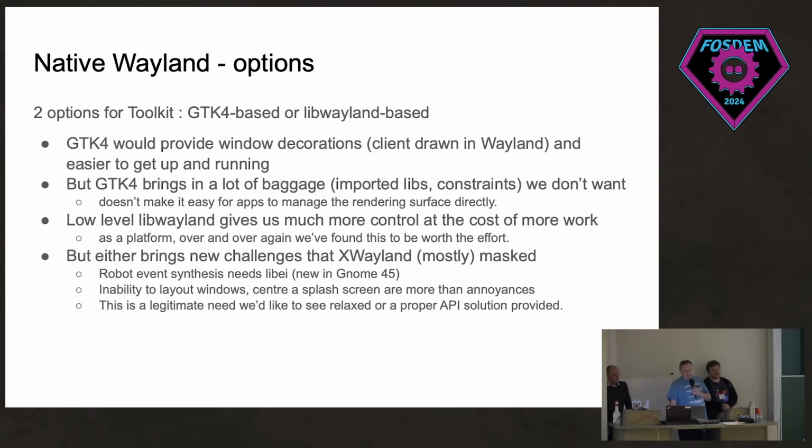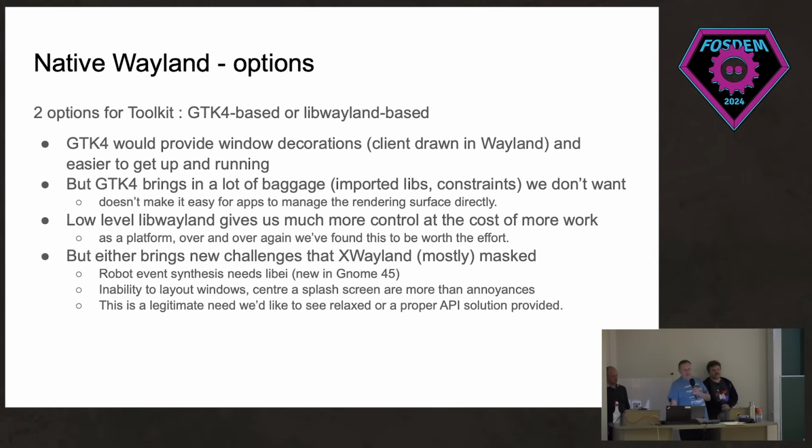But anyway, there are some new challenges that native Wayland brings that aren't there in the X compatibility mode. We need a new library, libei, or however people pronounce it. That's just prototyping in GNOME 45.